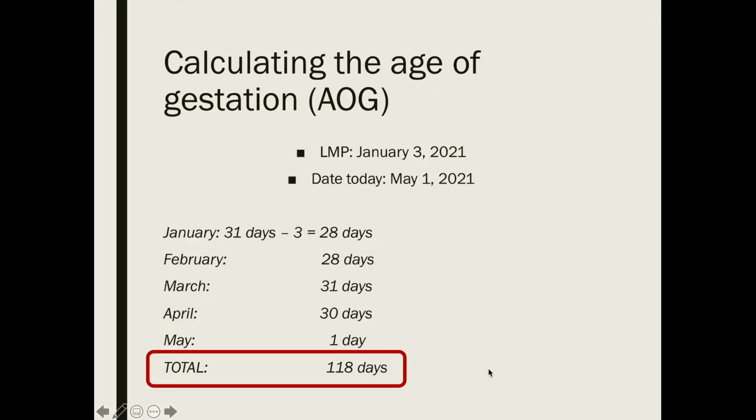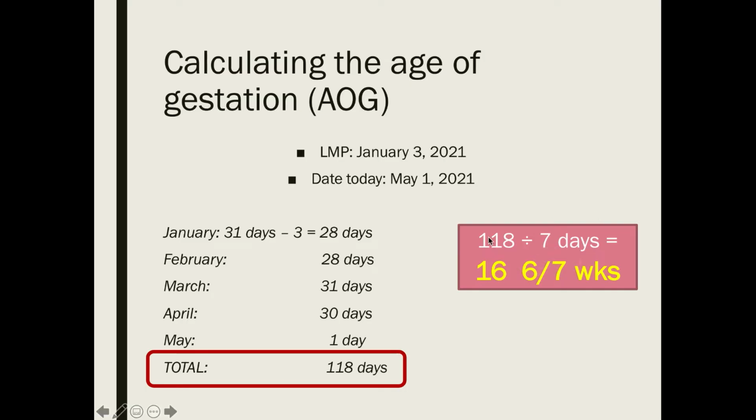Remember, when you are asked to compute the fetal age of gestation, you don't report this as the number of days. You should report it in terms of weeks and days. So how do we convert 118 days into weeks? We divide 118 by 7. Why 7?